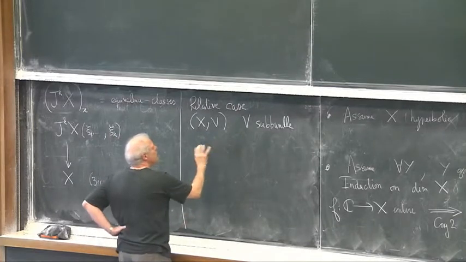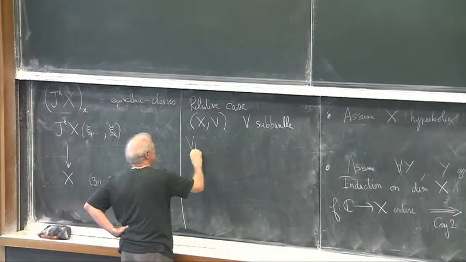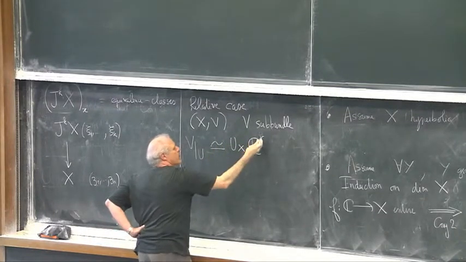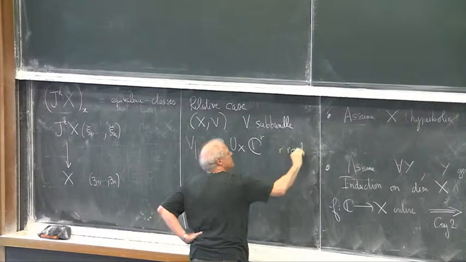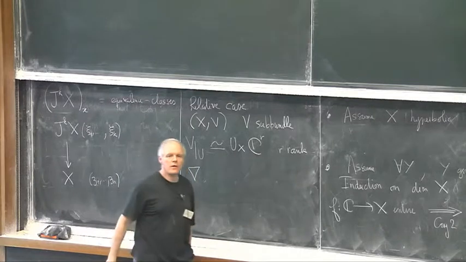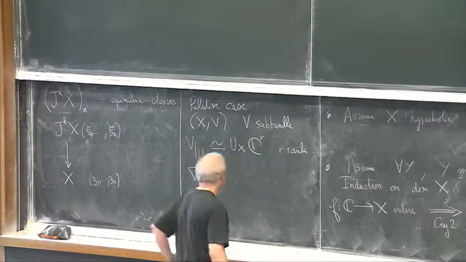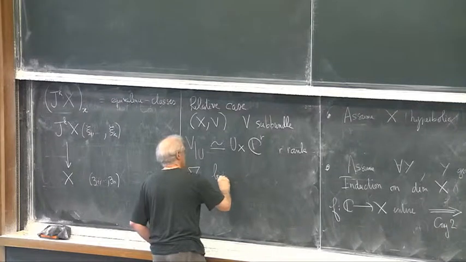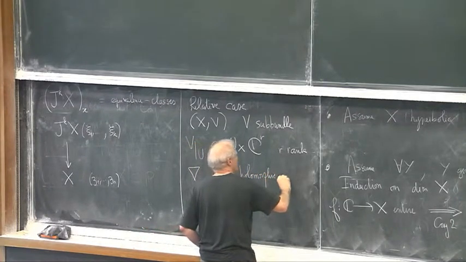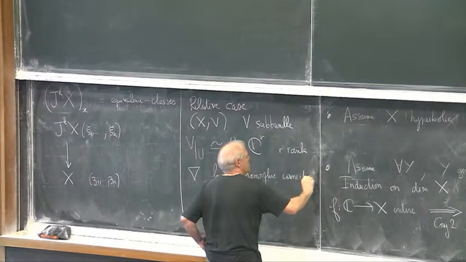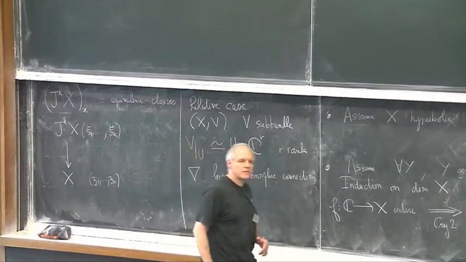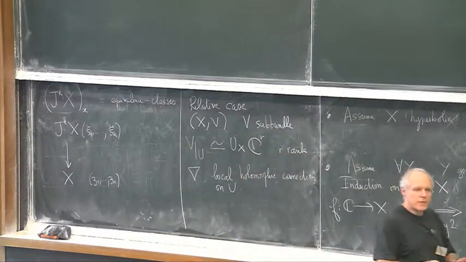Then you pick a local trivialization, where r is the rank. And you pick nabla, a local holomorphic connection on U. Of course, it always exists locally, because you have a trivialization.